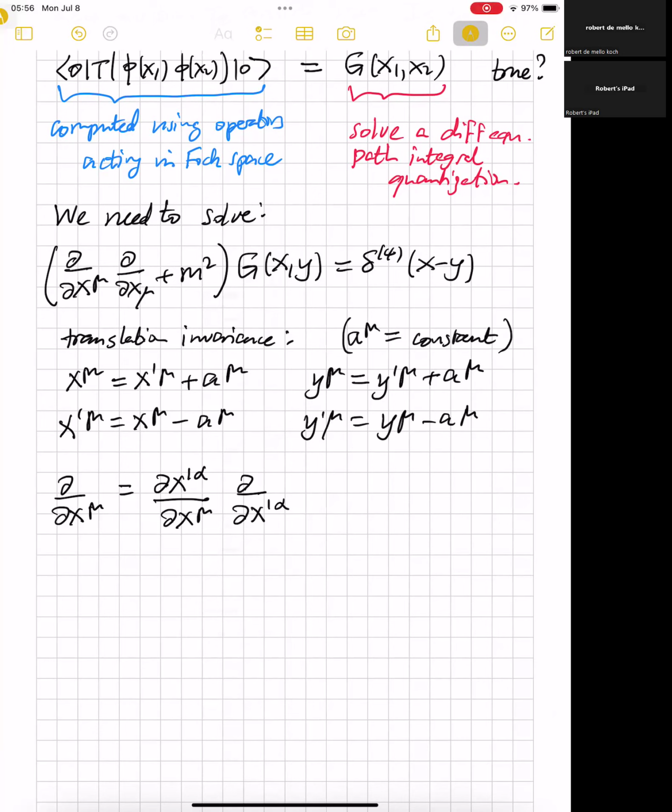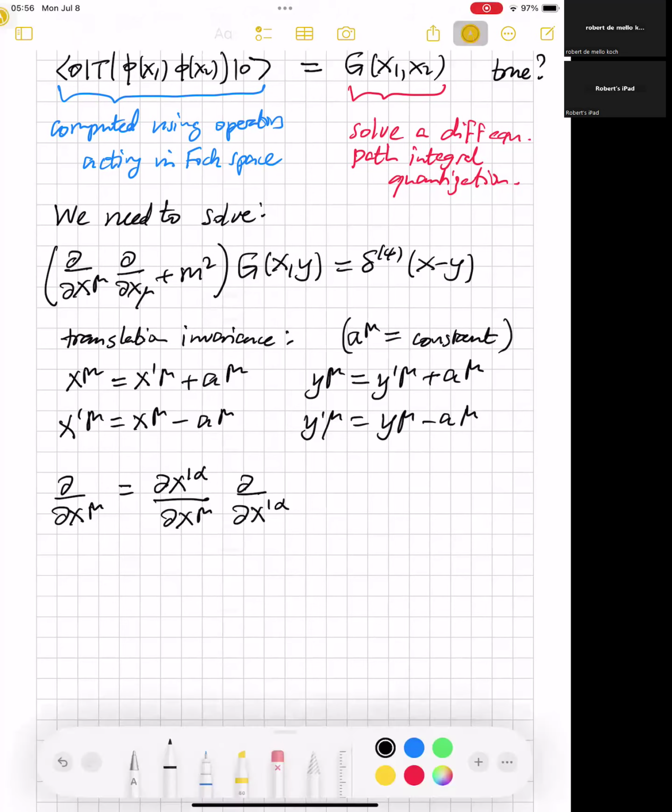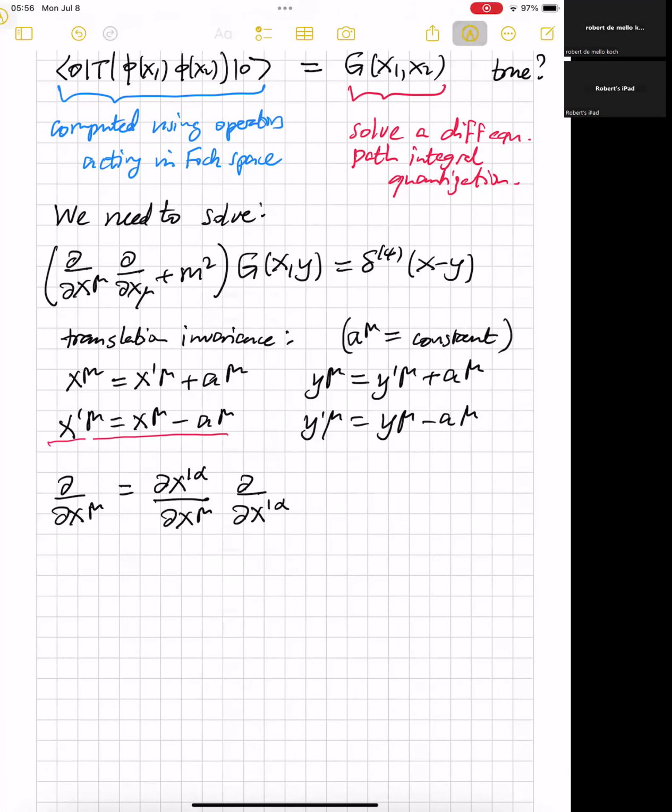And what that means is if we differentiate x^μ with respect to x'^μ, the derivative of a is going to be 0 because a is a constant.